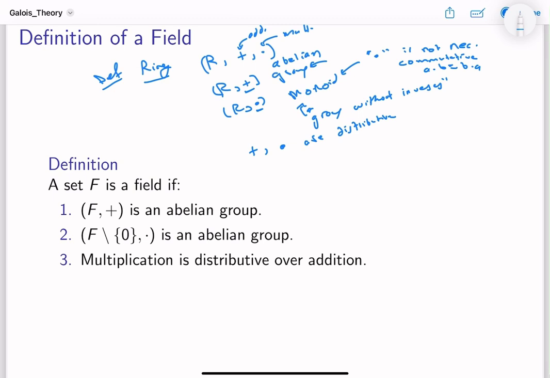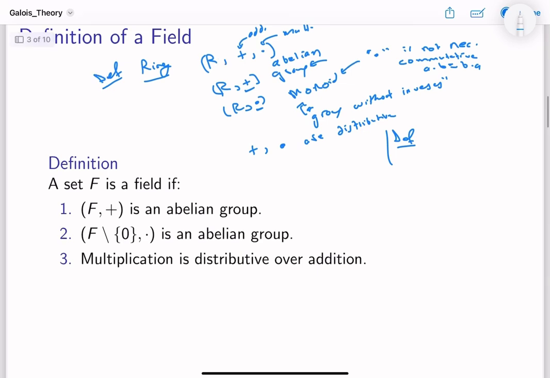And the other thing I want to mention is another important definition that I need to sketch before we define what a field is, which is that elements of a ring that have multiplicative inverses are called units.